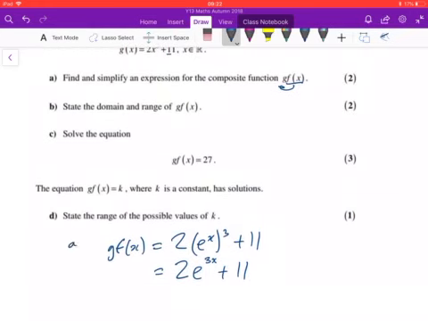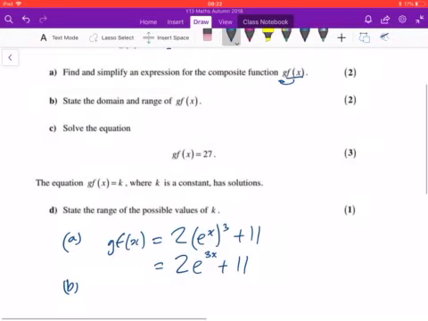Part B. State the domain and range of this. So, firstly, starting with the domain, what x values can go into it?